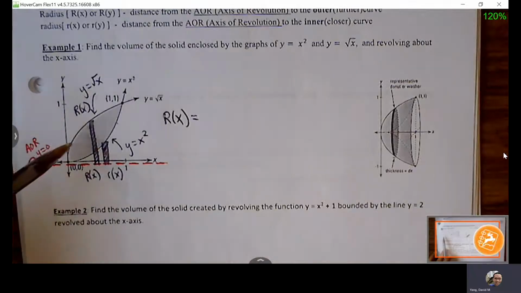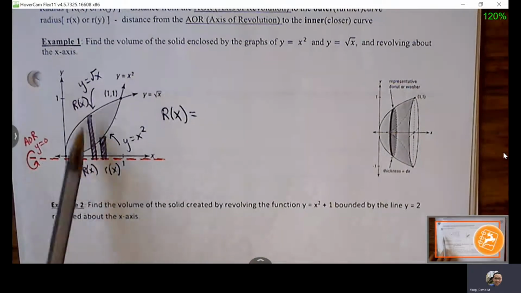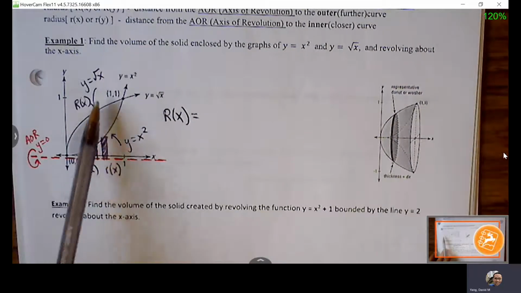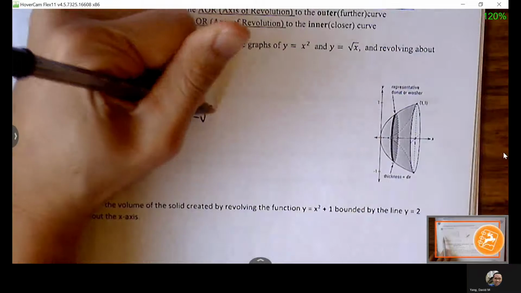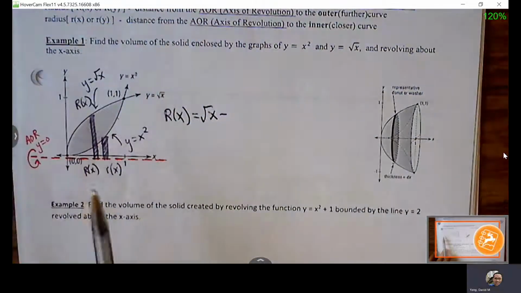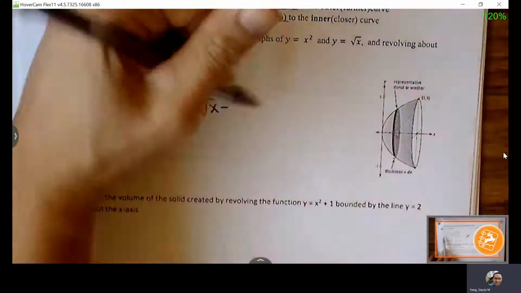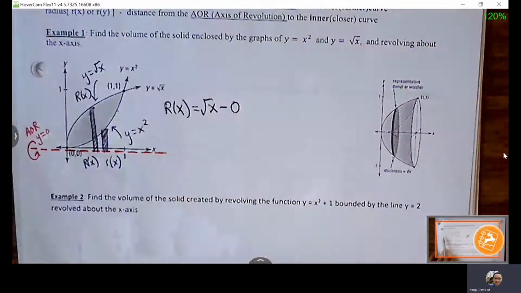Top minus bottom. Let's start with the big radius first. What is the top of the big radius touching? Root x. Top minus bottom. What's the bottom of the big radius touching? 0. So root x minus 0.